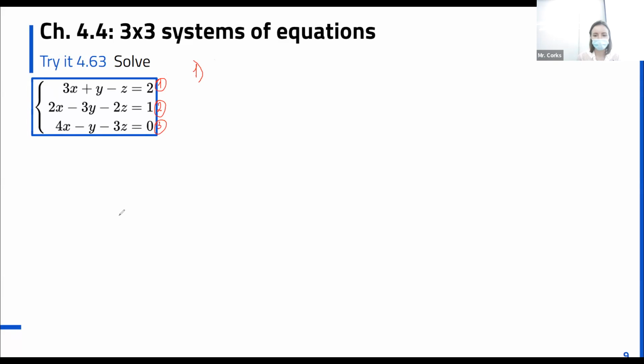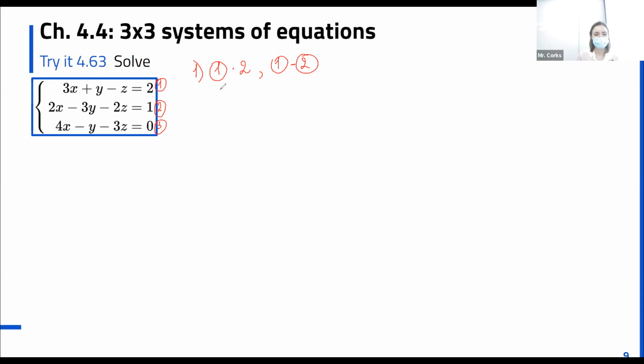Okay. So for the first part, we will multiply the first equation by 2 and then subtract the second equation from the first one.